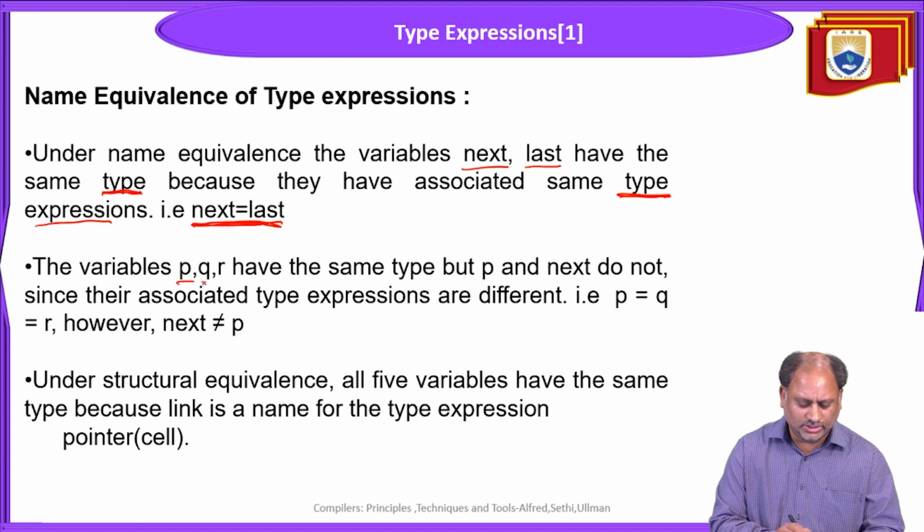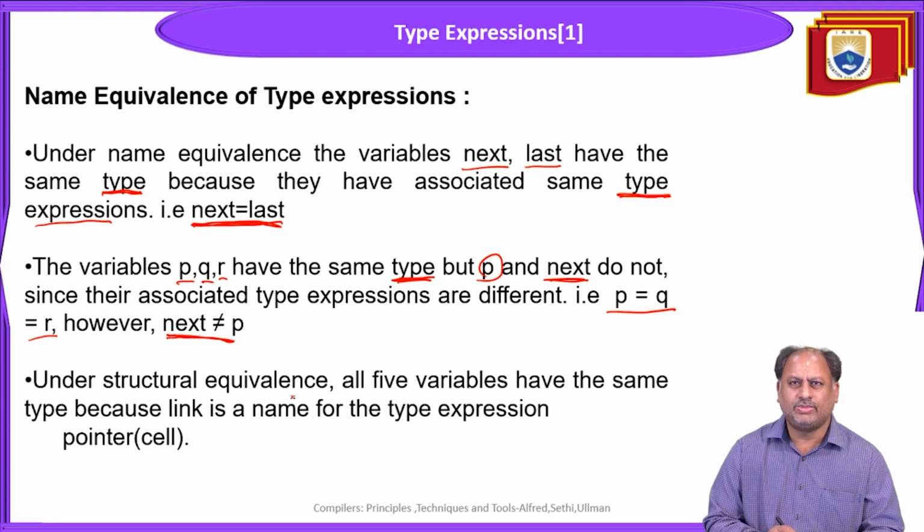And the variables P, Q, R also have the same type, meaning the type expression is the same. But P and next do not, since the associated type expressions are different. So P, Q, R are equivalent, but next is not equal to P, last is not equal to P, next is not equal to Q, last is not equal to Q. Why?